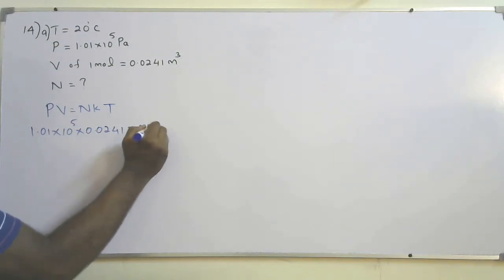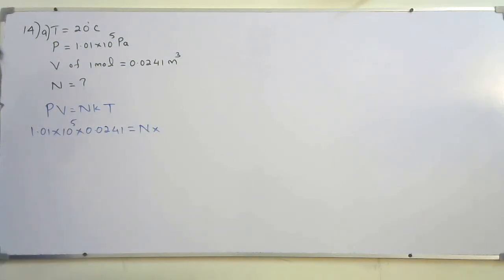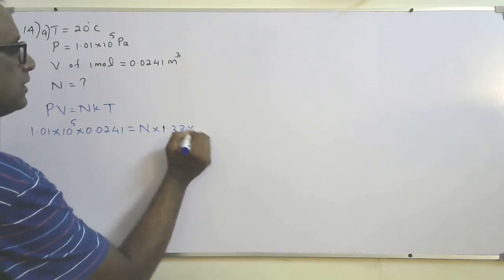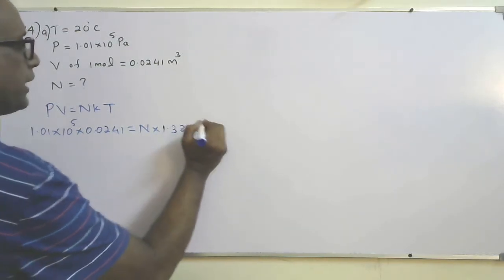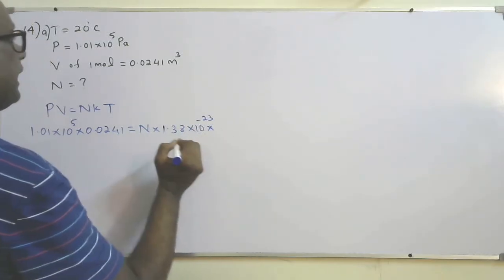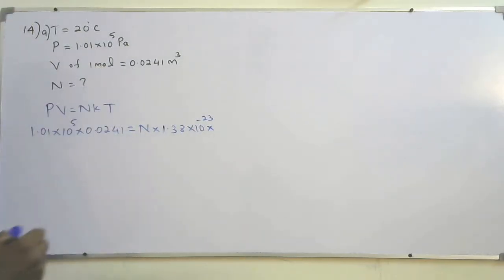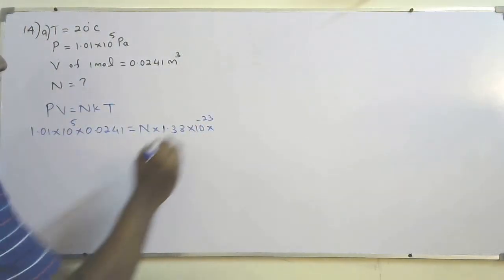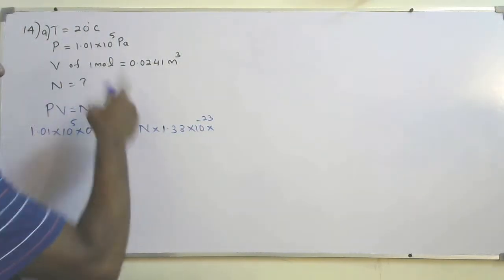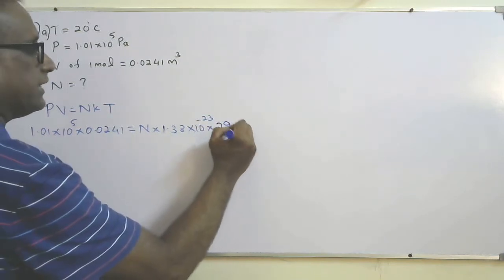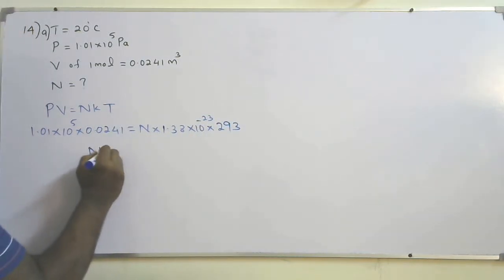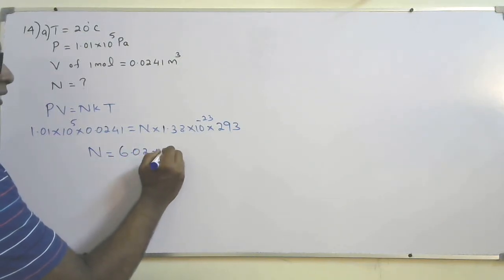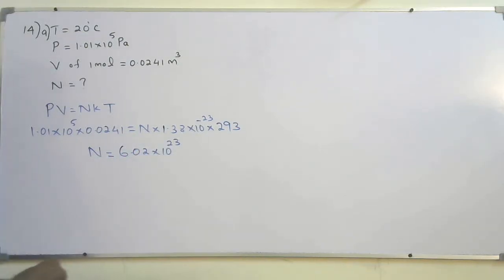We need to find the number of molecules. k is the Boltzmann constant given in the data sheet, that is 1.38 × 10^-23. The temperature 20 degrees Celsius should be written in Kelvin. So that is 20 plus 273, 293 Kelvin. So find the N. You will get 6.02 × 10^23.